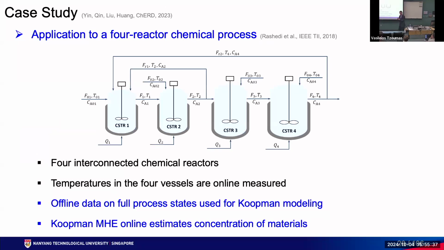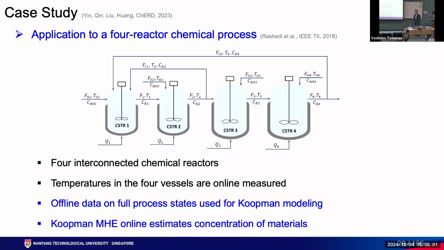Here, the concentrations are the material concentrations in the 4 tanks, the product concentrations, and the temperatures. If you can see the state estimation, only temperatures can be measured online using sensors. And we'd like to use state estimation to estimate the concentrations in the 4 tanks. We can collect data for the concentrations offline, but we cannot do it online.